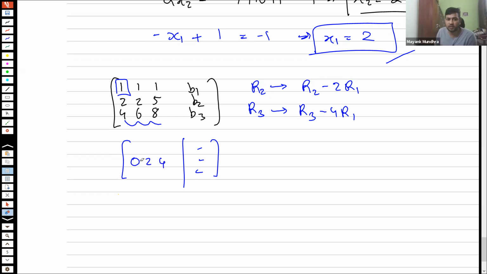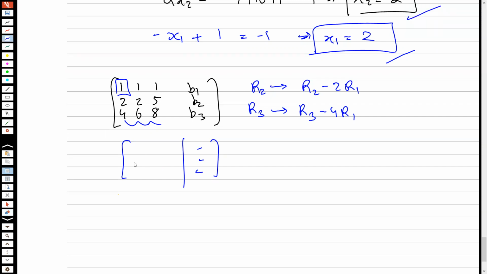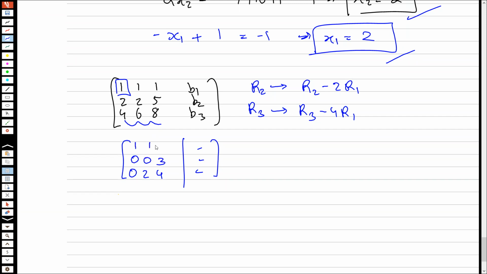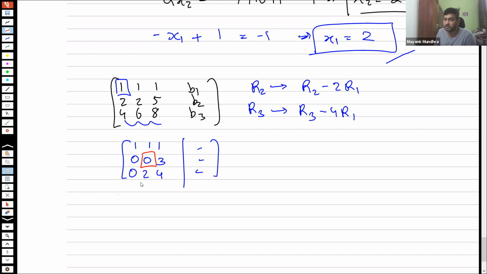Bottom row, 0, 2, 4. And what about the second row? It will become 0, 0, and 3. Perfect. Now after I do this, the second step was to make this my next pivot and make everything below it 0.